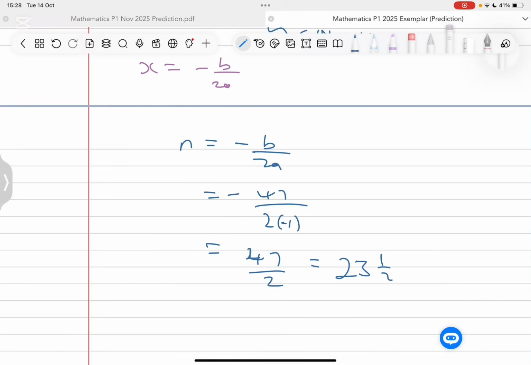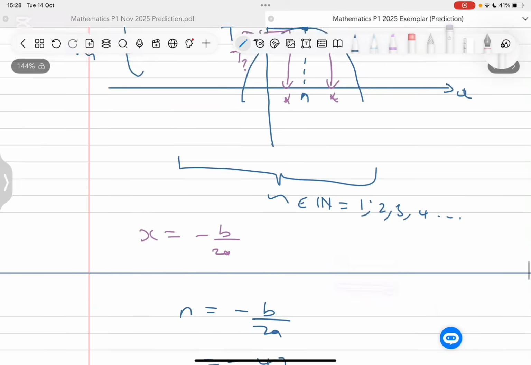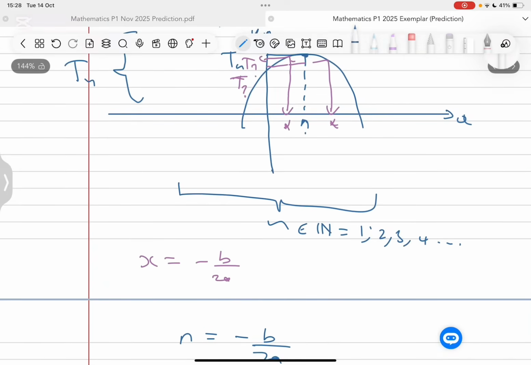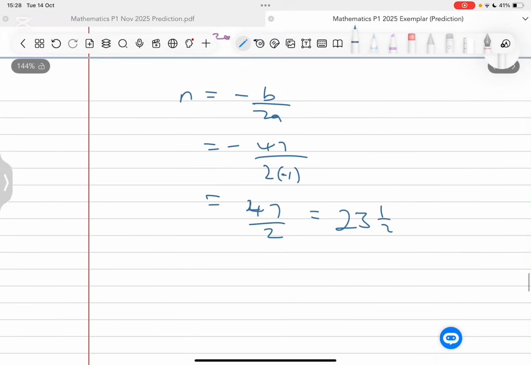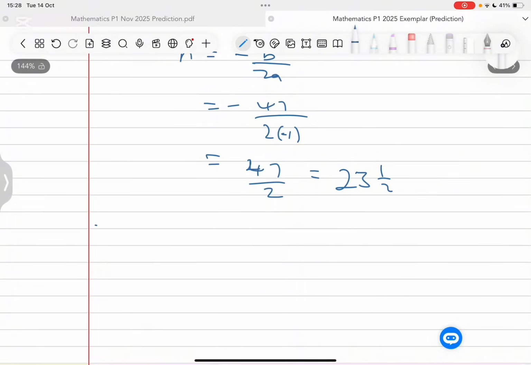But nonetheless, this is 23 and a half. It means the next term after this will be 24, and the term before that will be 23.